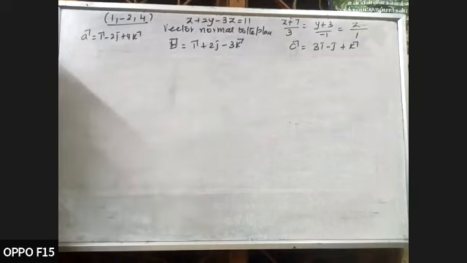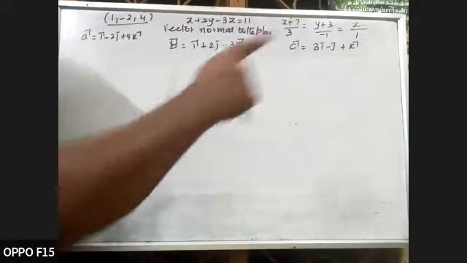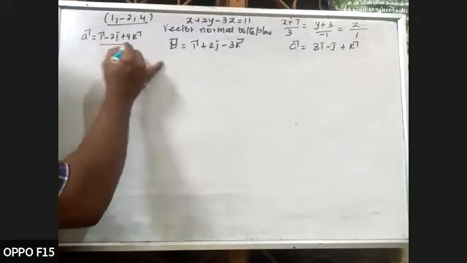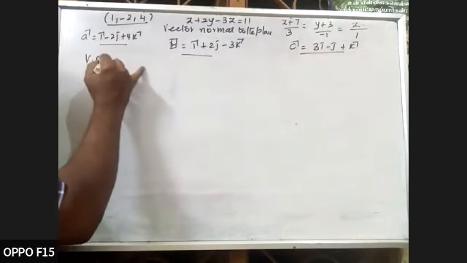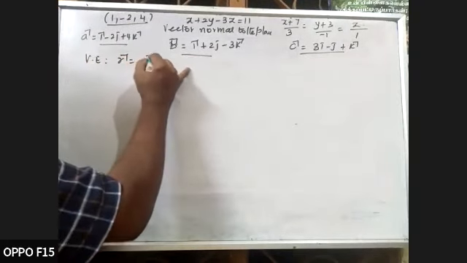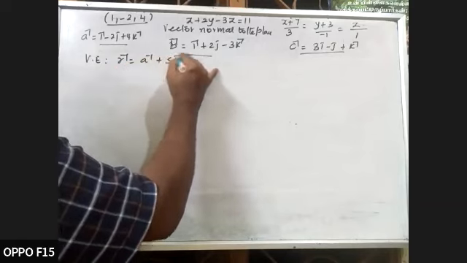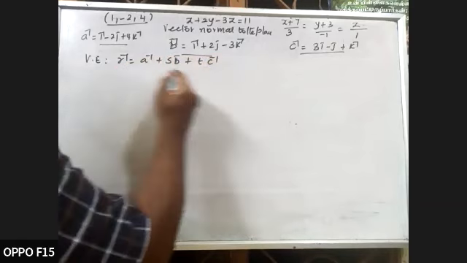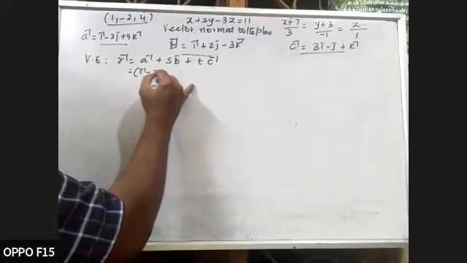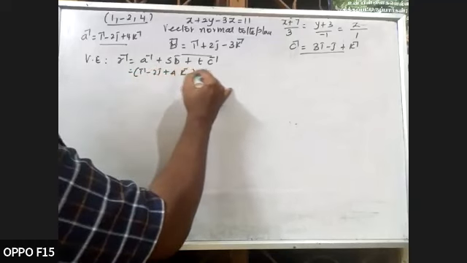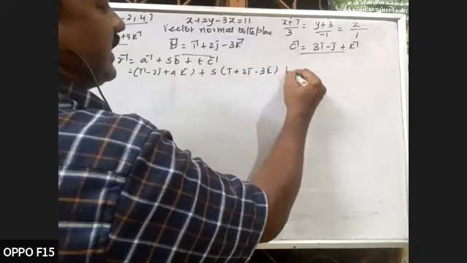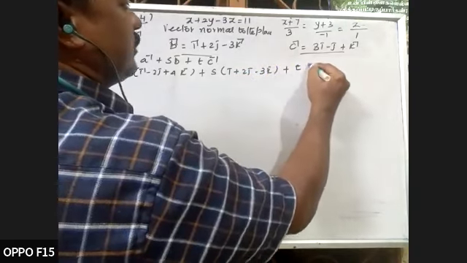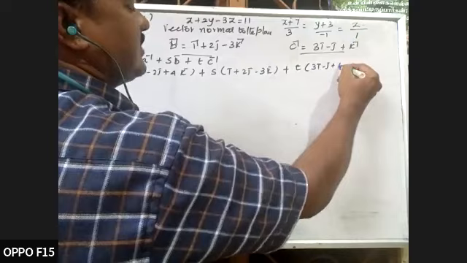So what it means is there are two things: one point and parallel to two vectors. So here the point a, and b and c are parallel vectors. So you can write the vector equation is r vector equals a vector plus s into b vector plus t into c vector. That's all. Your a is i minus 2j plus 4k plus s into b, i plus 2j minus 3k vector, plus t into c vector, 3i minus j plus k.